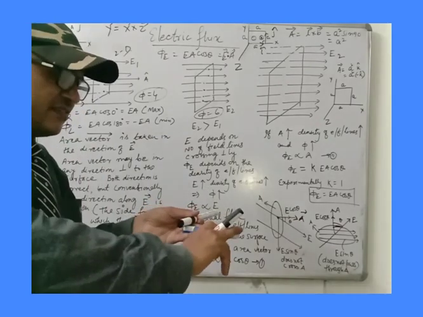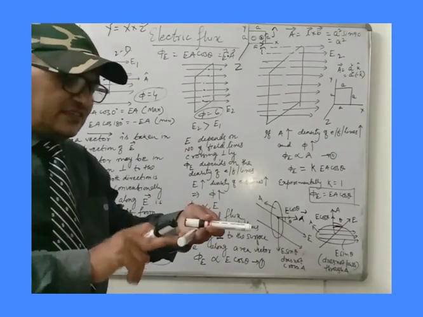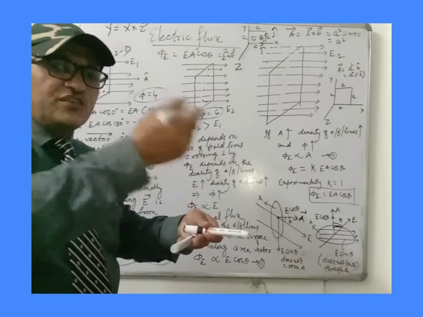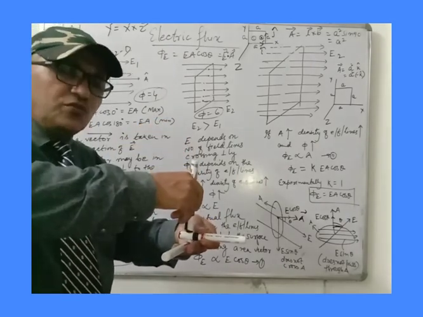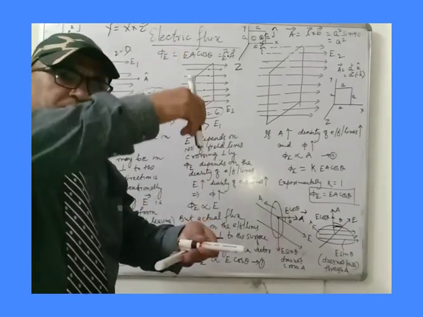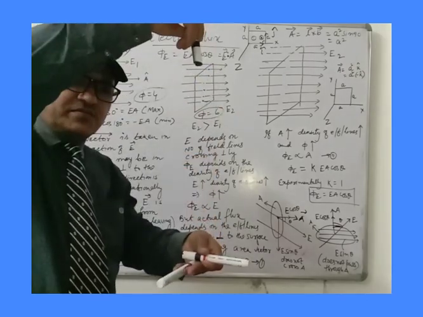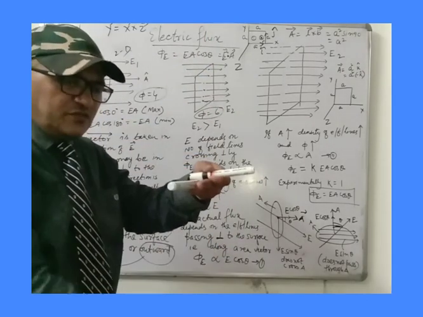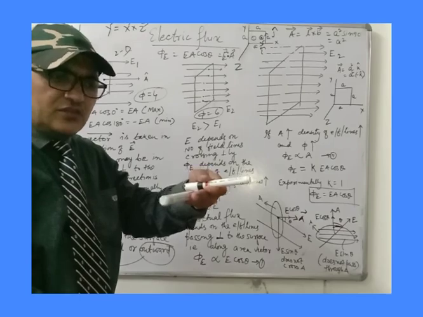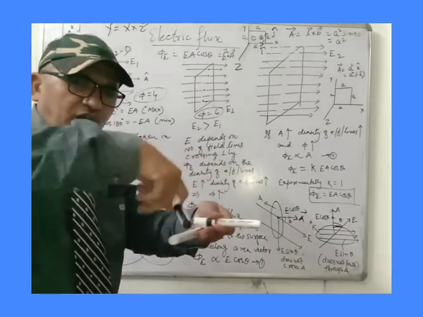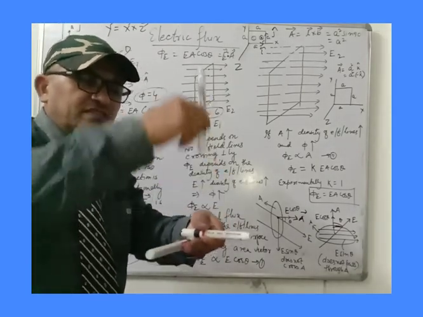Suppose this is the z-axis, this is the x-axis. Where is y? Y is perpendicular to both of them, either this way, positive y, or this way, negative y. So the cross product of these two will be this.